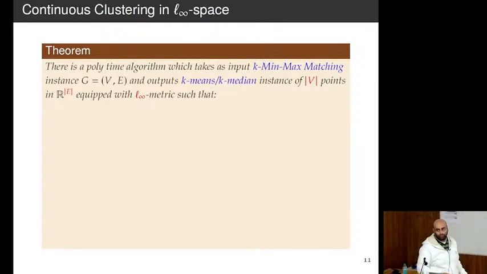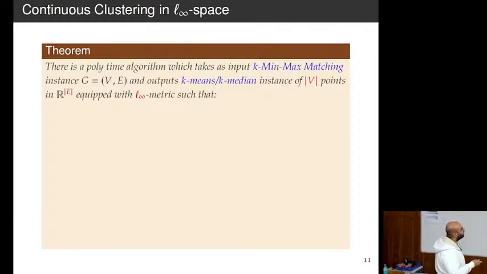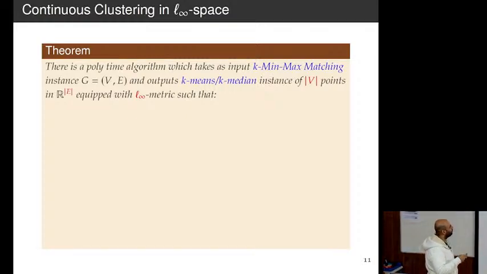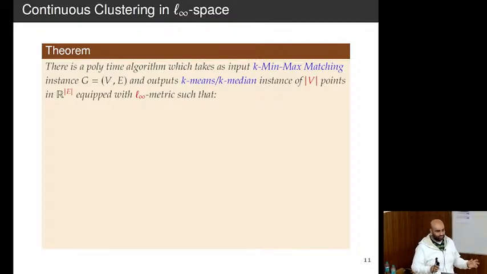So let's see a full proof of how this gives some tight results. I want to say that there is a reduction which takes as input this k min-max matching problem and outputs a k-means or k-median instance where every vertex becomes a point. The number of coordinates is the number of edges, and we are in the L infinity metric space.